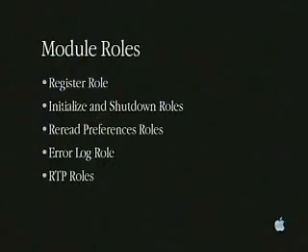The next role down is only of interest if your module needs to read preferences. That's your callback to say it's time to reread the preferences file, which is XML based, grab the preferences out of there and set some data within my module based on those preferences.